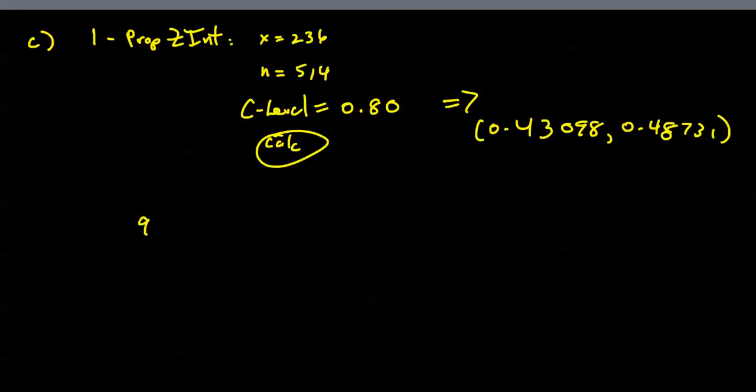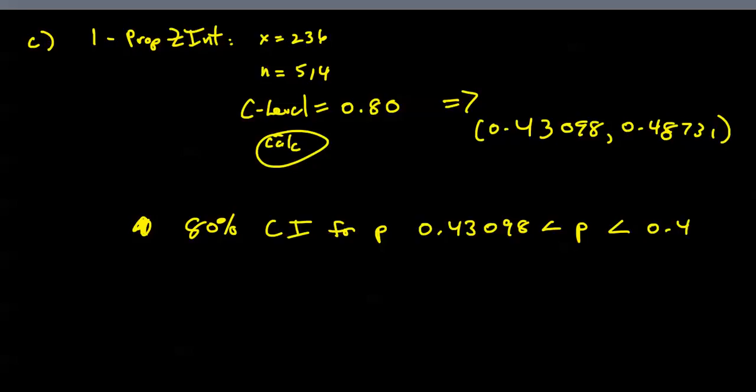Alright, so I claim my 80% confidence interval estimate for P, the population proportion of human resources directors who say tattoos are red flags, is the following. 0.43098 is less than little p, which is in turn less than 0.48731.